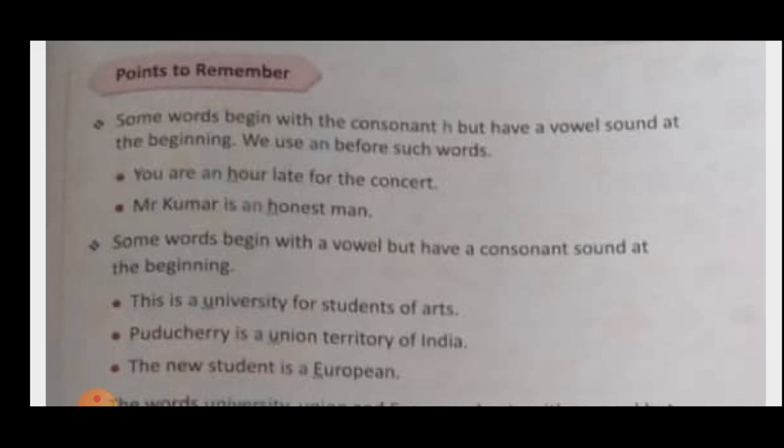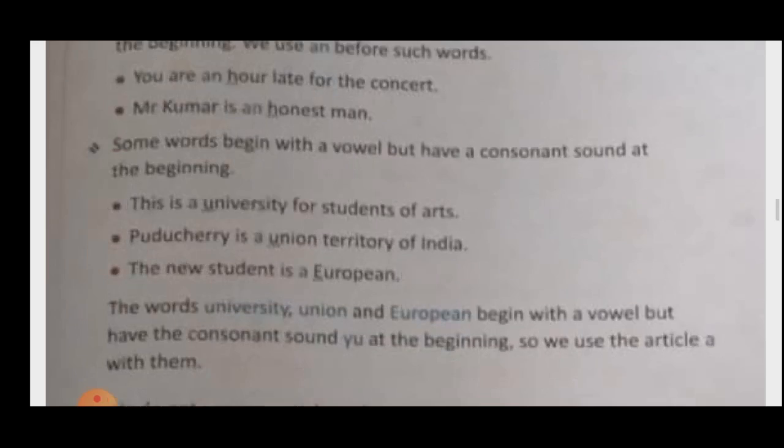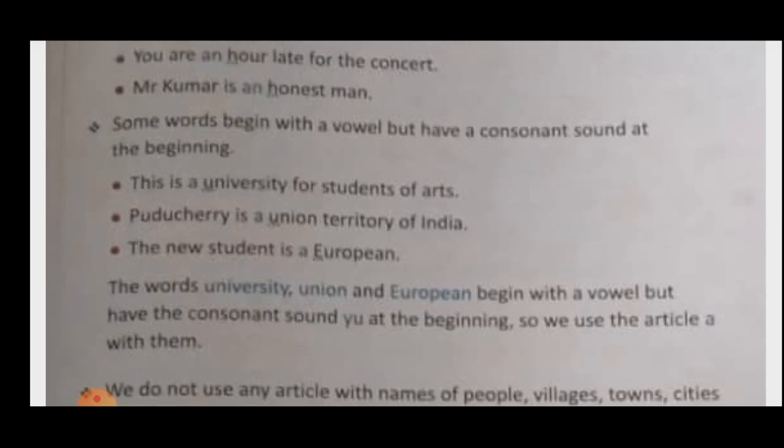Next is the new student is a European. Here also E is a vowel letter but the pronunciation is "European", ya, that is a consonant sound. So here also we will put a. The words university, union and European begin with a vowel but have the consonant sound ya at the beginning, so we will put the article a before them.